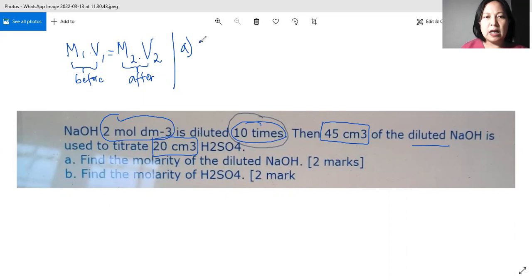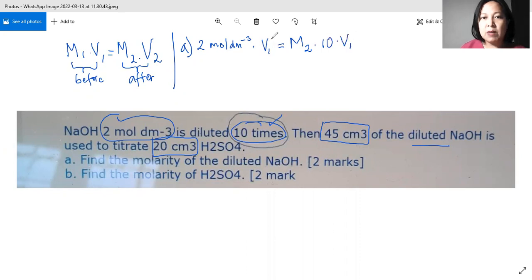So 2 mole decimeter to the power of -3 times V1 equals M2, which we still don't know, times V2. But because it's diluted 10 times, V2 is 10 times V1.